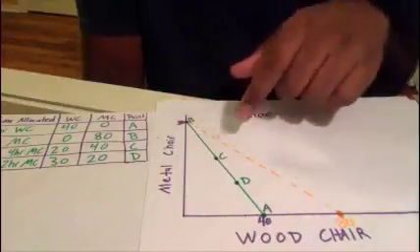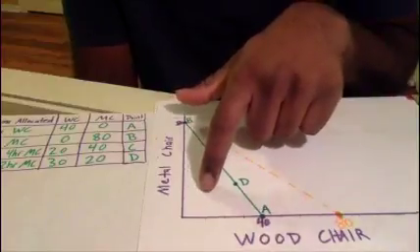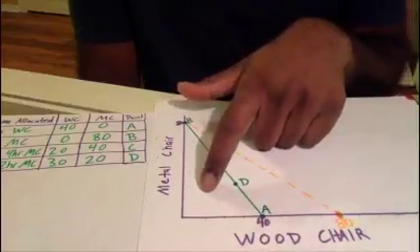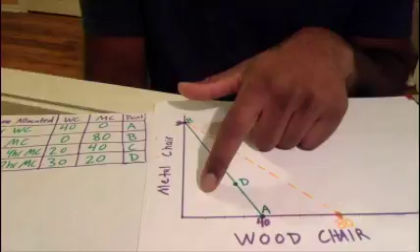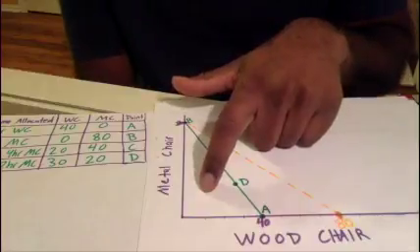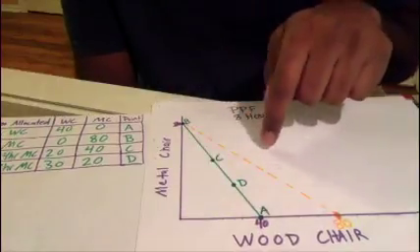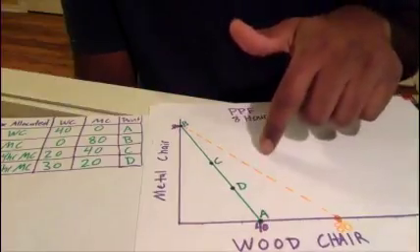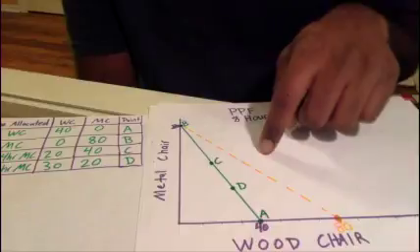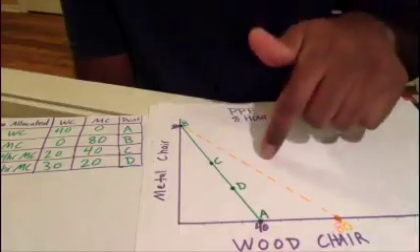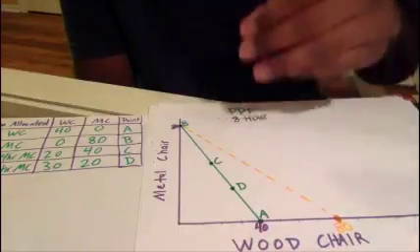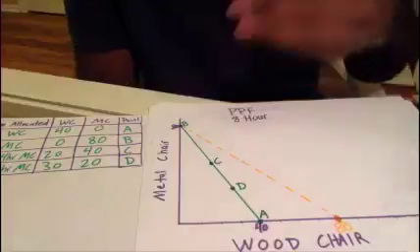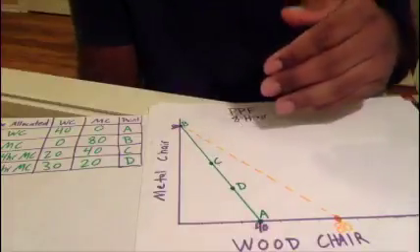If there was a point down here, it would be feasible but inefficient, which means that the resources aren't being used to their potential. If there was a point out here somewhere, we cannot achieve that goal without new technological advances or something along those sorts.